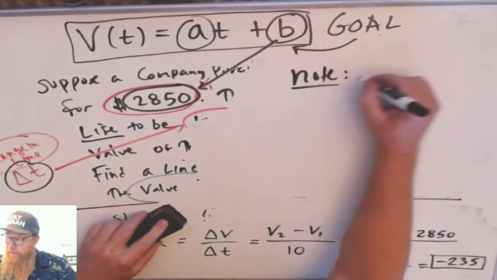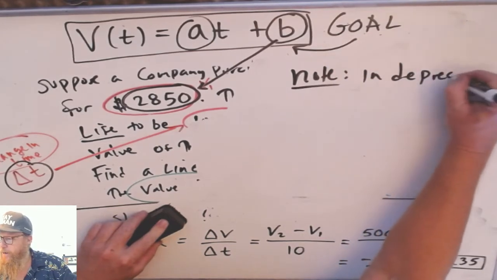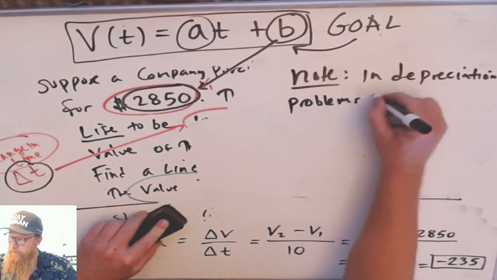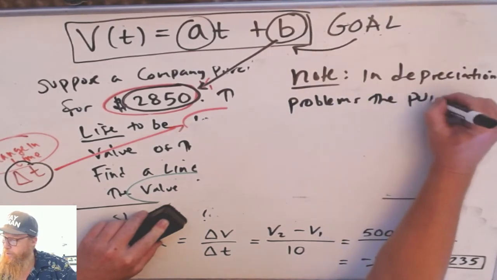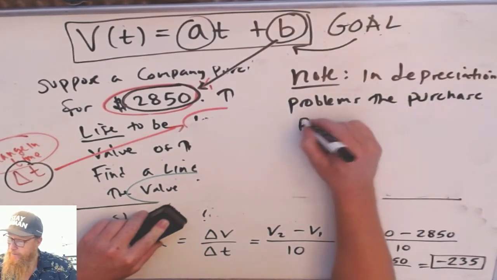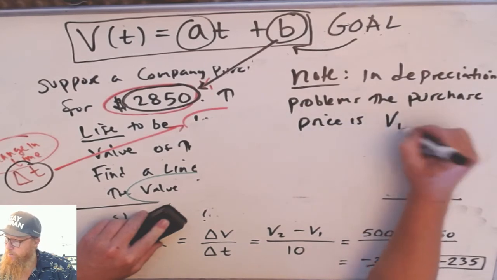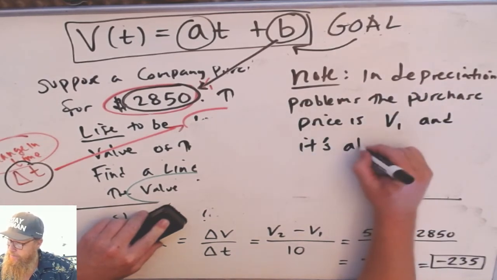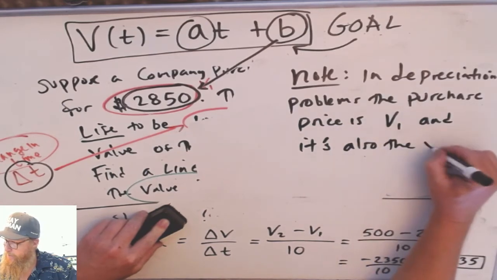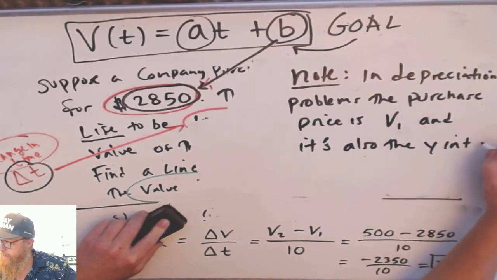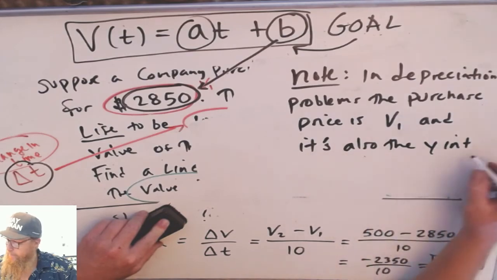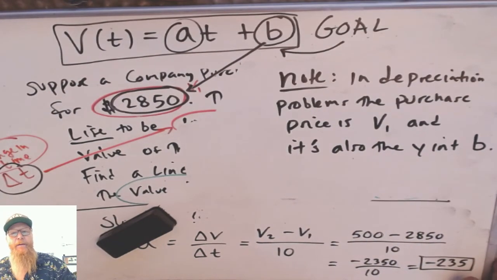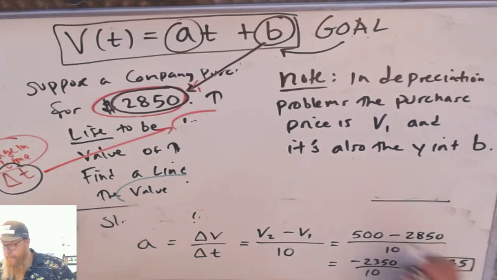Note, in depreciation problems, the purchase price is V1, and it's also the Y-intercept, B. So we're basically done.